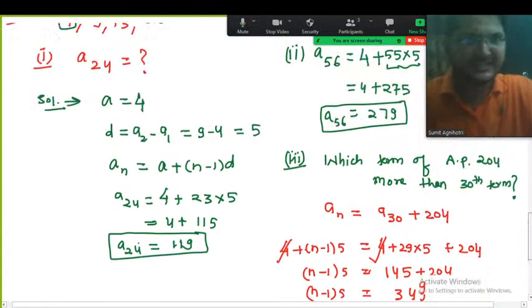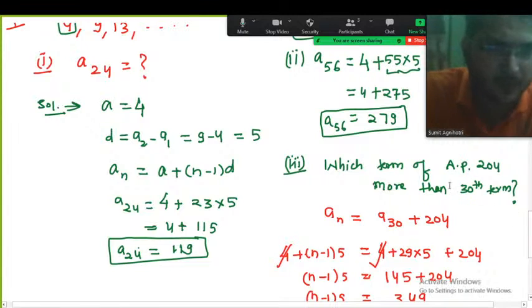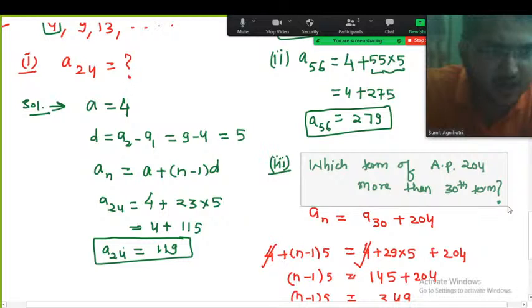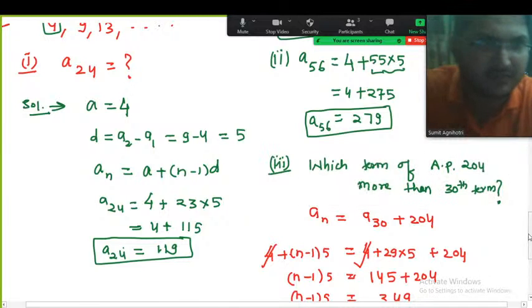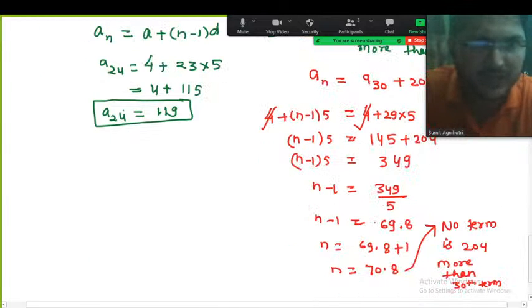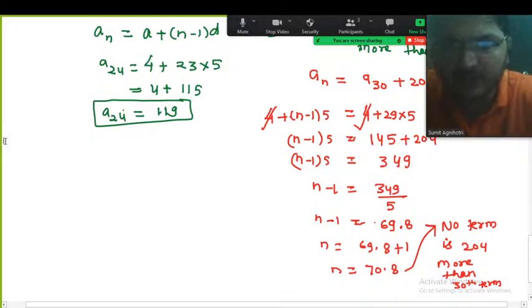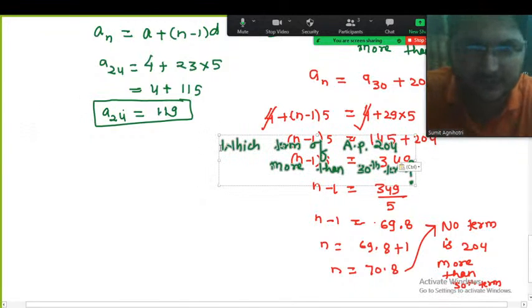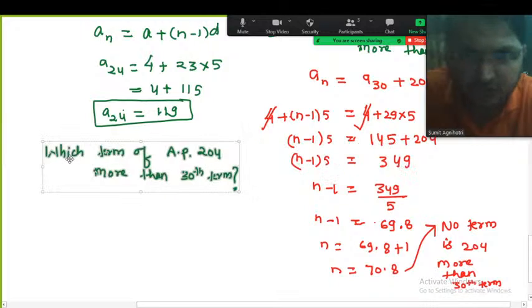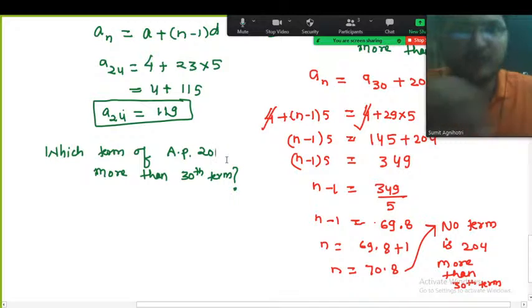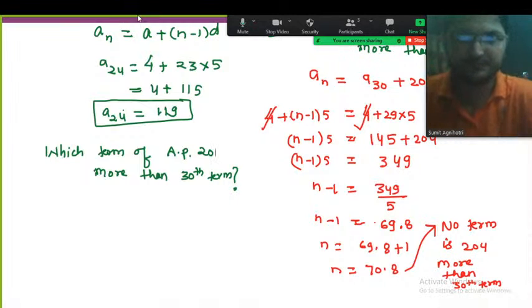Now let's say I change this question a bit, and by changing it I'm making one more question. Now my question looks like: which term of the AP is 205 more than its 30th term?